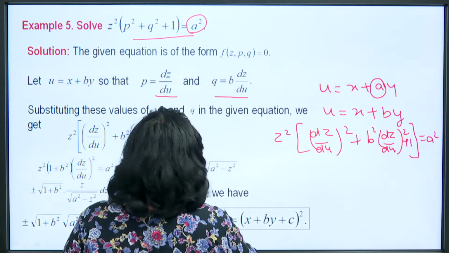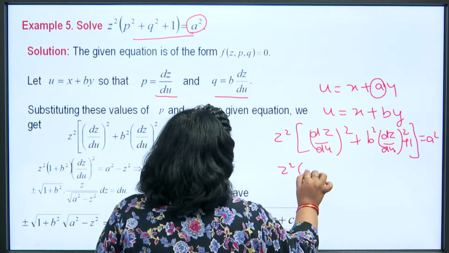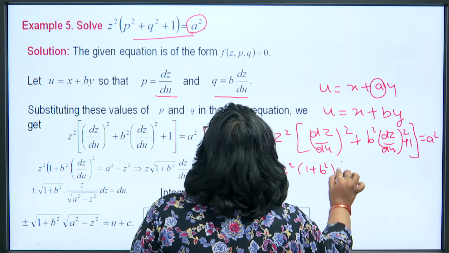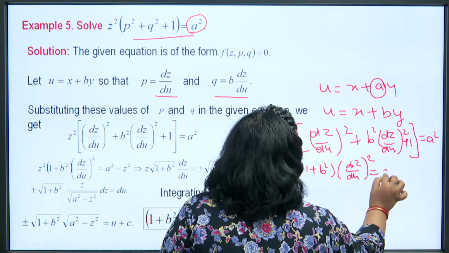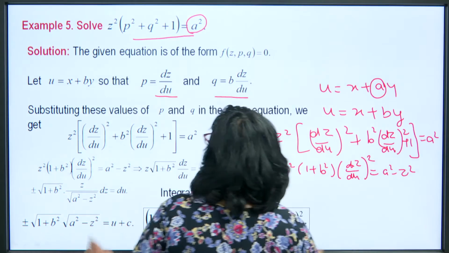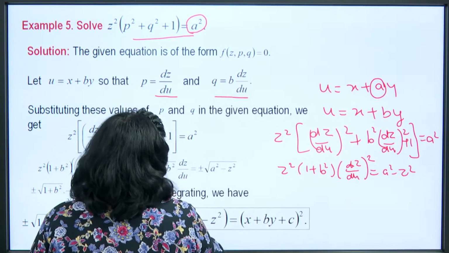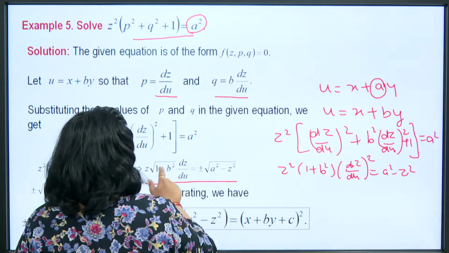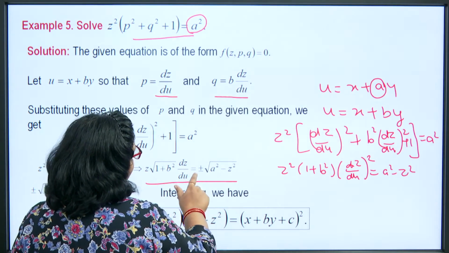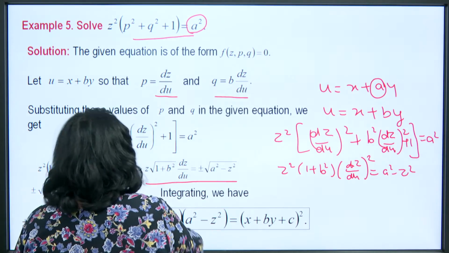Solving this equation, we get z square (1 + b square)(dz/du)^2 = a square - z square.